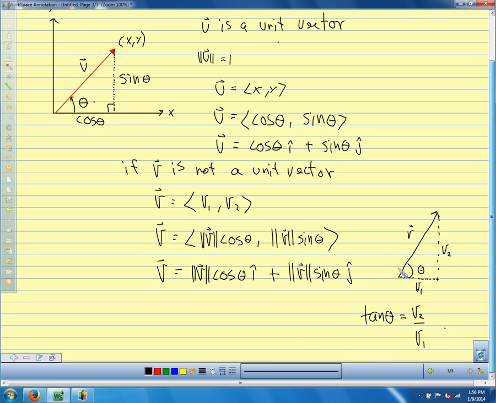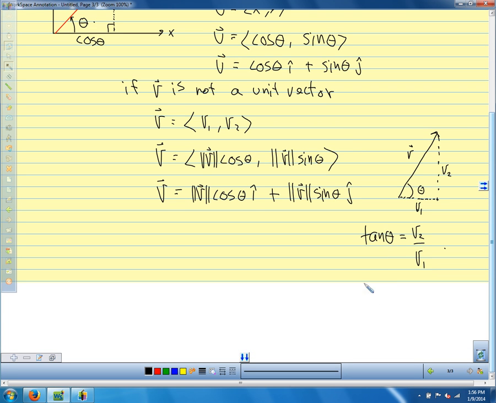So theta would be the inverse tangent of v2 over v1. The inverse tangent of y over x. So that's how we would find our angle if we only knew the two components of our vector. Inverse tangent of v2 over v1. Inverse tangent of y over x. Just like we did when we were working with trigonometry.